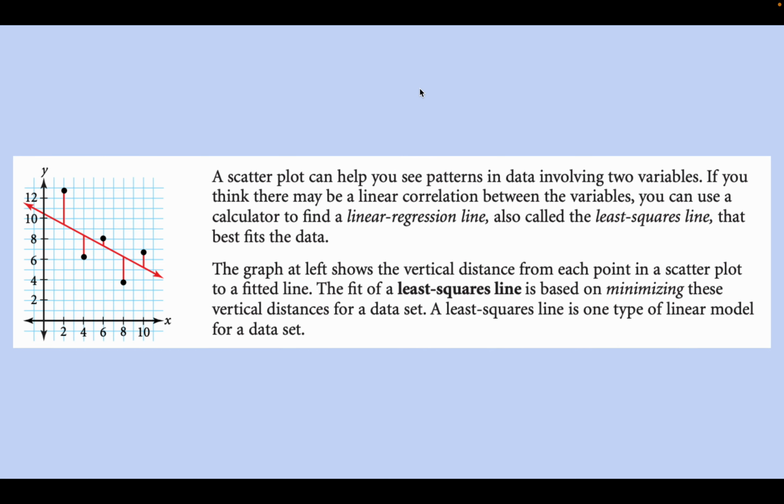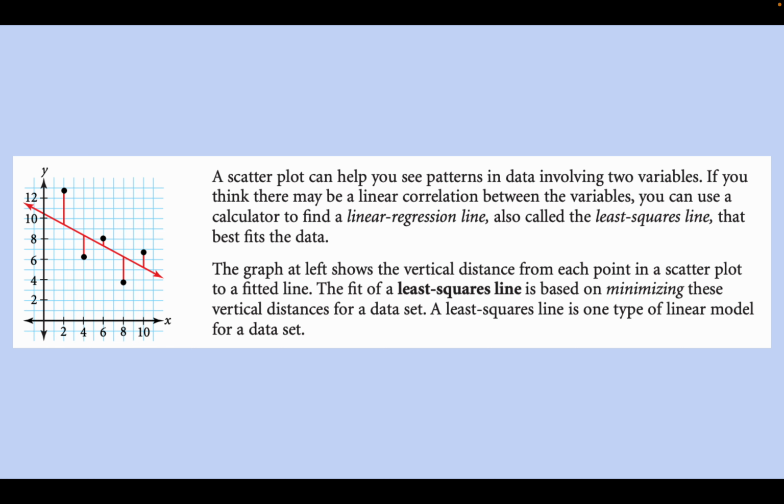Next, we are going to look at least squares lines. A scatter plot can help you see patterns in data involving two variables. If you think there may be a linear correlation between the variables, you can use a calculator to find the linear regression line, also called the least squares line, that best fits the data. The graph at left shows the vertical distance from each point in a scatter plot to a fitted line.